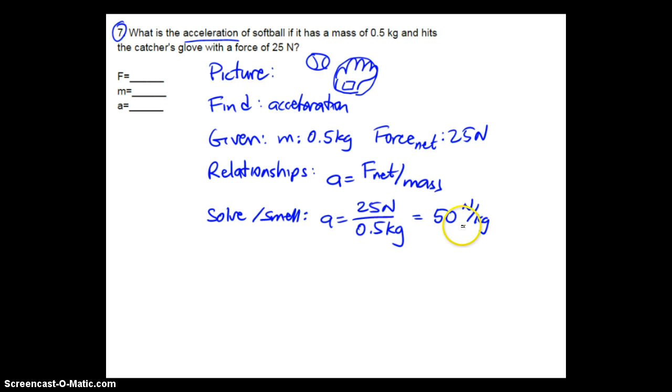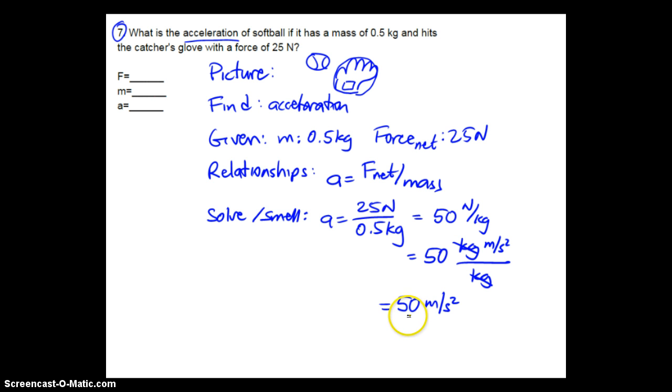Remember, our newton is a kilogram meter per second squared, and we'll divide that by the kilograms we had here. Cancel, cancel. So our units are correct, 50 meters per second squared. We'll assume the catcher is trying to slow that down. The softball pitch is at around 20 to 25 meters per second, so it would take about half a second for this to slow down.